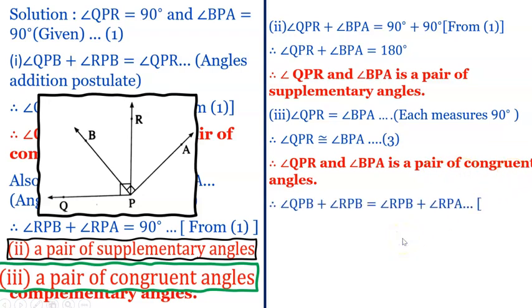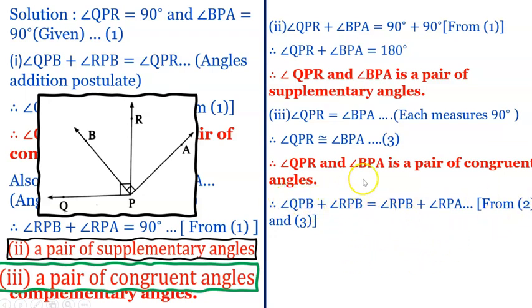Okay. Next, the measure of angle QPB plus the measure of angle RPB is equal to the measure of angle RPB plus the measure of angle RPA, and both are equal because the sum of these two angles is 90 degrees.